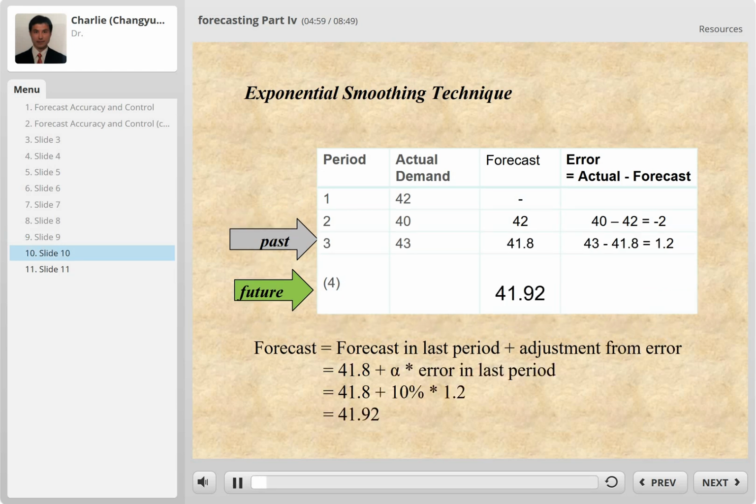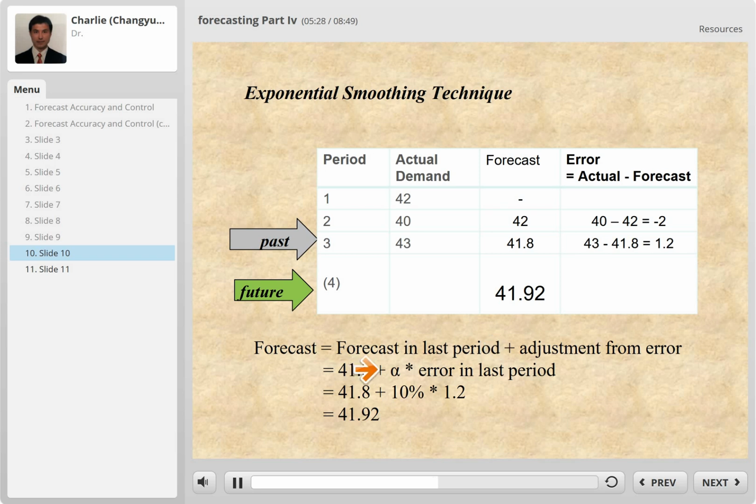Let's do one more period. Now, period 3 becomes the past, and we want to know the demand for period 4. We use the same method, exponential smoothing. First, the forecast in the last period is 41.8, so it's easy. Plus adjustment from error.